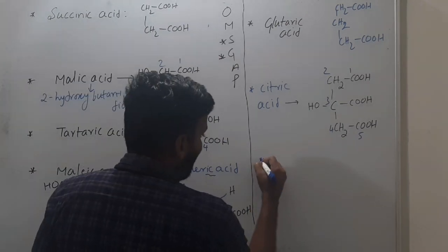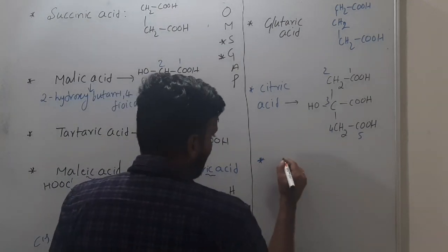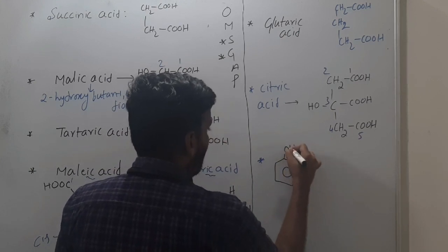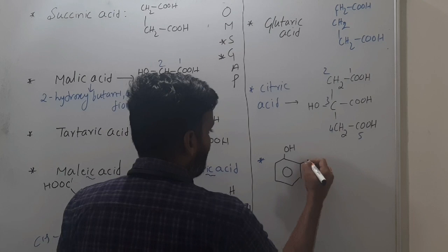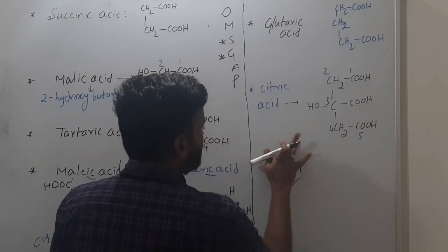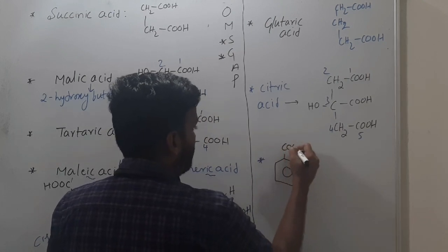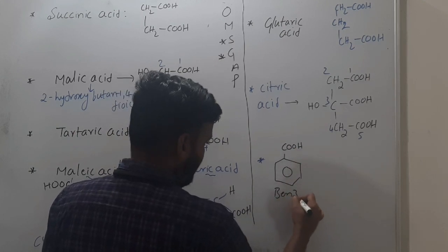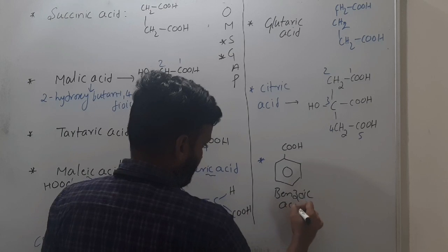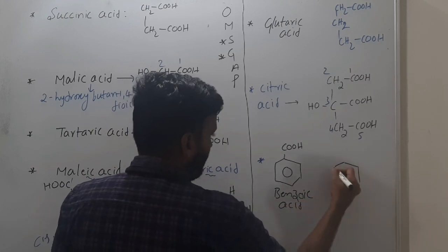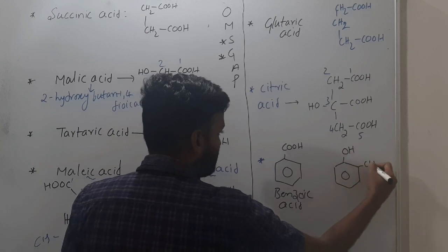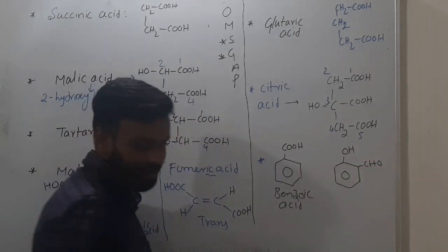And some aromatic also you can have like this. This is called benzoic acid, C6H5 and COOH directly, what is this? Benzoic acid. Okay, C6H5 OH, and you know this CHO, salicylaldehyde.